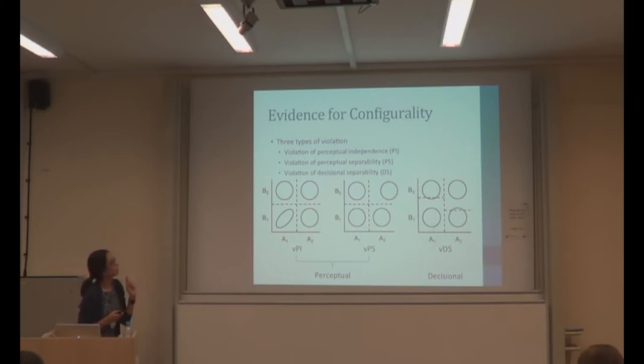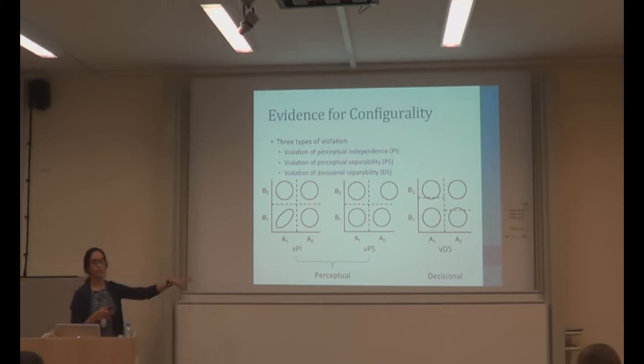A violation of perceptual separability, where there's a shift in the relative position of the bivariate distribution, or a violation of decisional separability, where there's a shift in the response criterion across levels of a dimension.